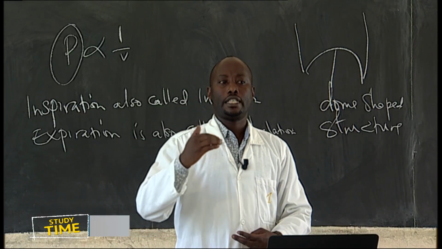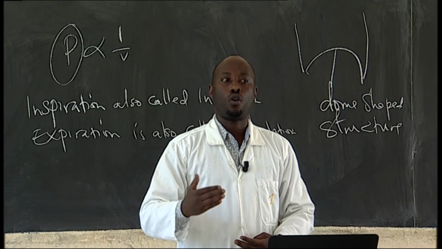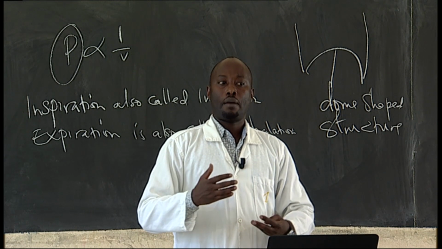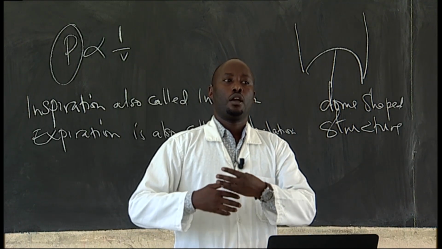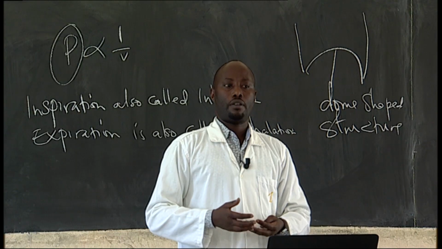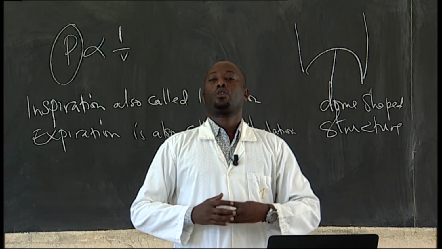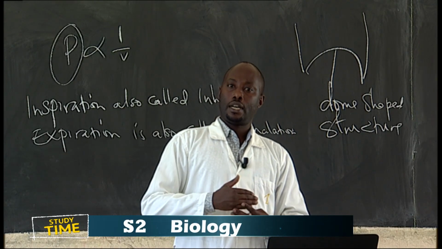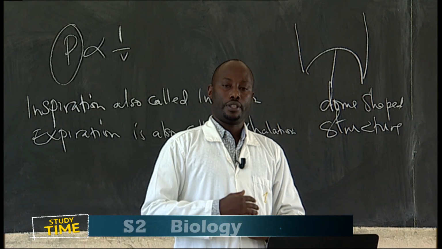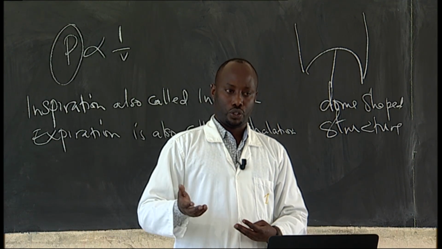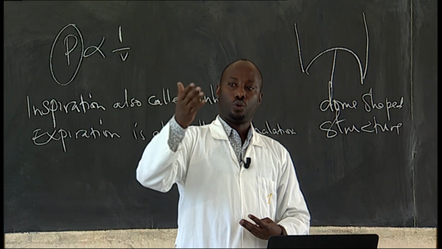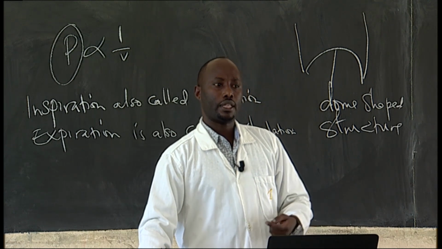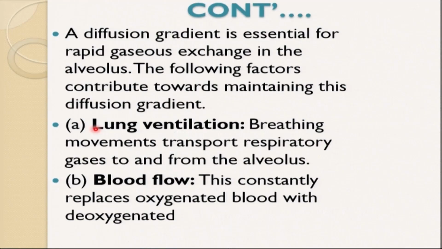There are a number of factors that contribute towards maintaining this diffusion gradient. As I mentioned earlier, a diffusion gradient refers to differences in concentration, from higher concentration to lower concentration, going down the concentration gradient. So there must be things that make oxygen enter and carbon dioxide leave.